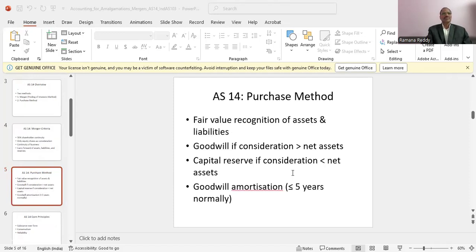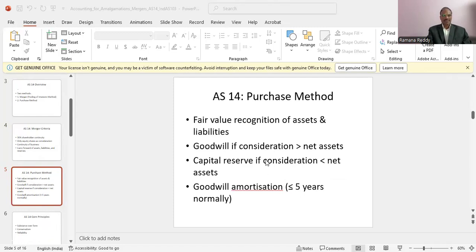So we'll see the purchase method also. Amalgamation in the nature of purchase applies when one or more of the above conditions for a merger, which we have just discussed, are not satisfied. We'll see the accounting treatment. Assets and liabilities are recorded at fair value as on the date of the amalgamation.